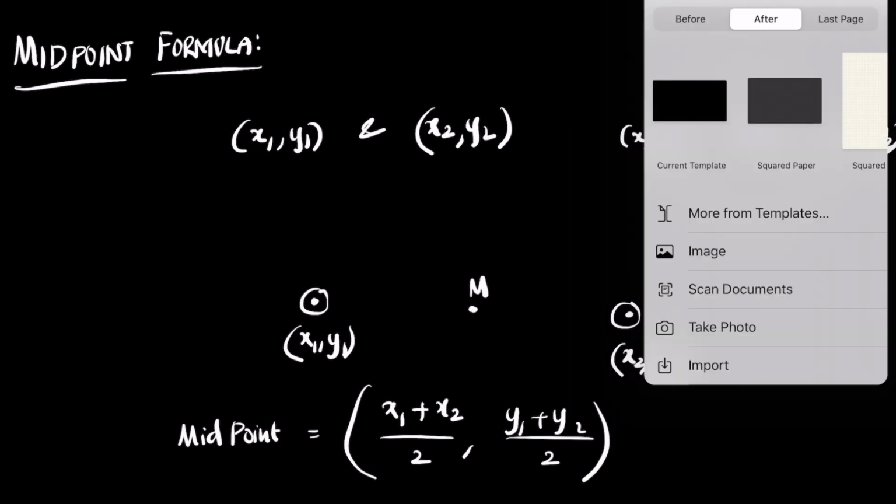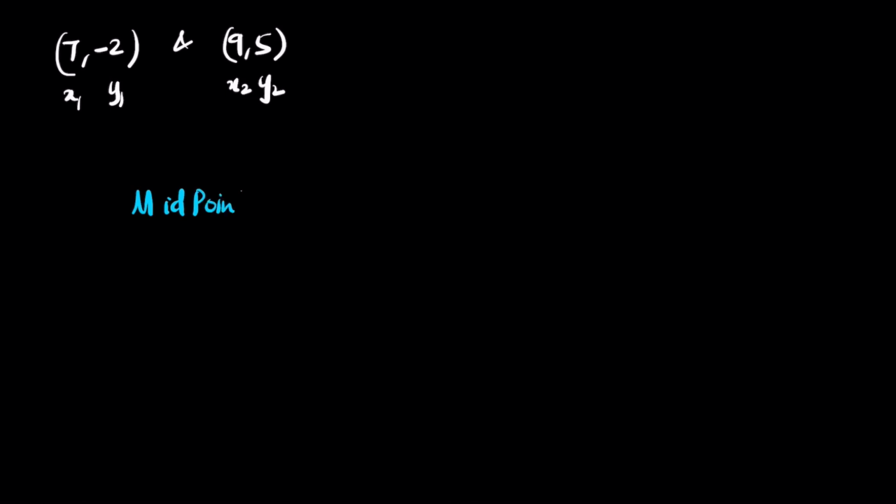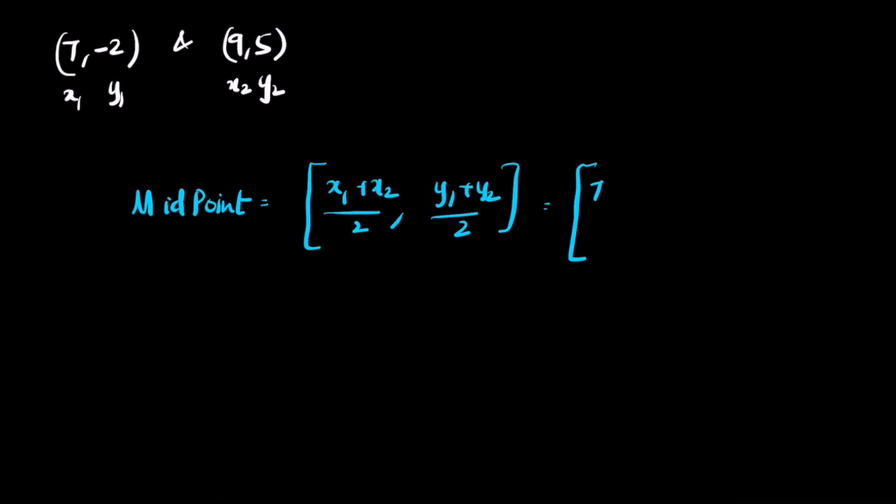So let's take a simple example. Let's find the midpoint between 7, -2 and 9, 5. So in this, let's try the problem. So you have x1, y1, x2, y2. The formula for midpoint is x1 plus x2 by 2, y1 plus y2 by 2. x1 is 7 plus 9 by 2, -2 plus 5 by 2.